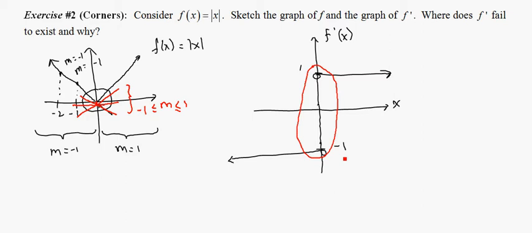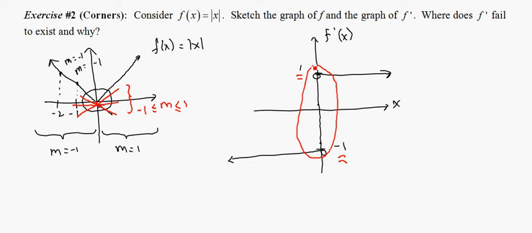Somehow we're immediately going from a slope of -1 up to a slope of +1. And therein lies the definition of a corner. If the slope instantaneously jumps at a particular x value, not continuously and smoothly changing, then we get a corner.